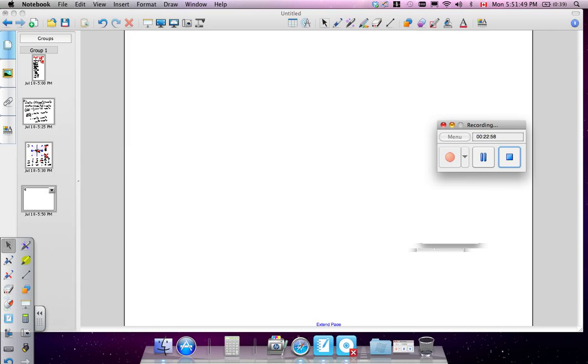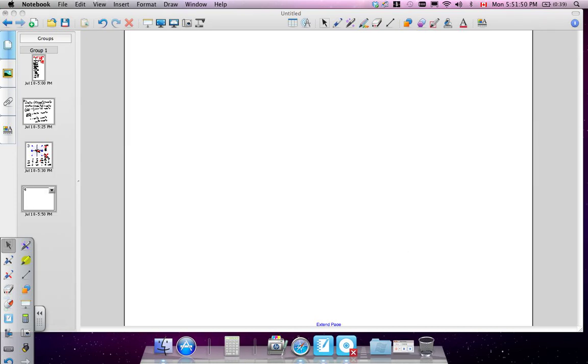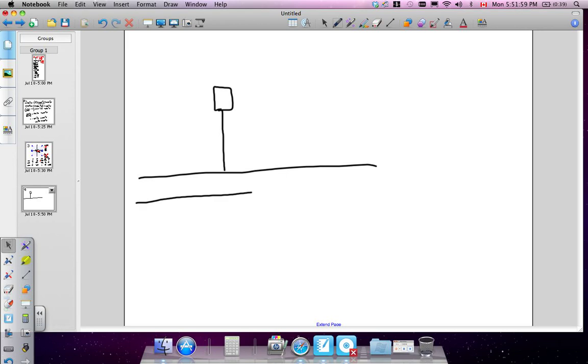Okay, so let's say it's a stop sign, and it's across the road from us. And we have our dude standing here, Frank. From this spot, here's the base of the sign, and to the top of the sign.